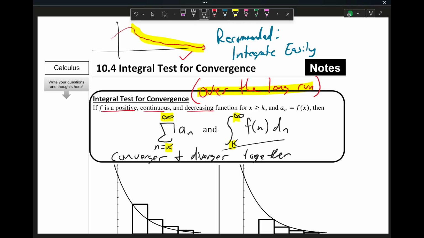If we integrate and we see that it diverges, then the infinite series diverges. This test is not good enough to tell what it converges to. It only can determine whether something converges or diverges. So this is really the bulk, knowing when to use this test and basically how to use it.